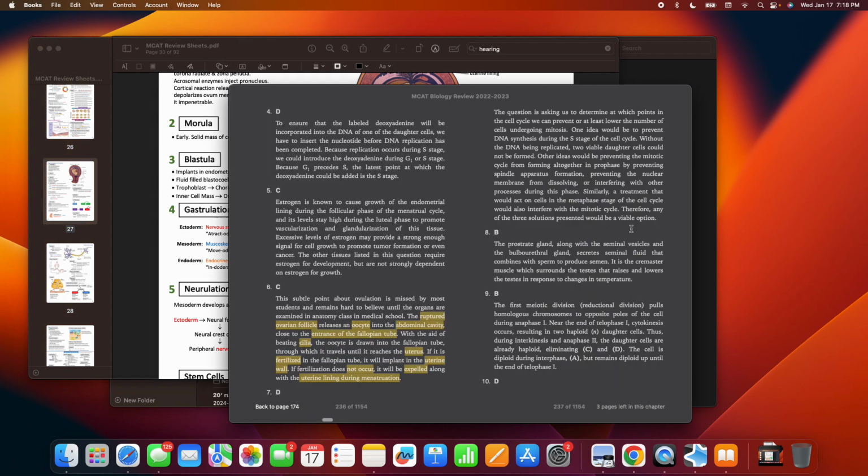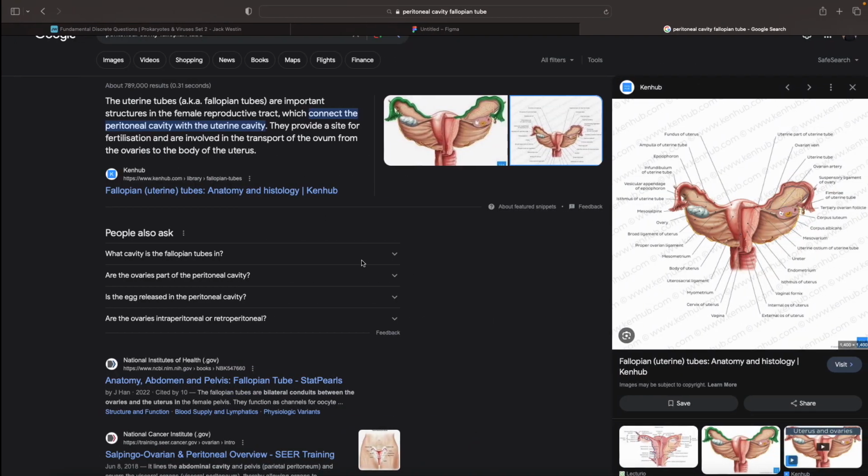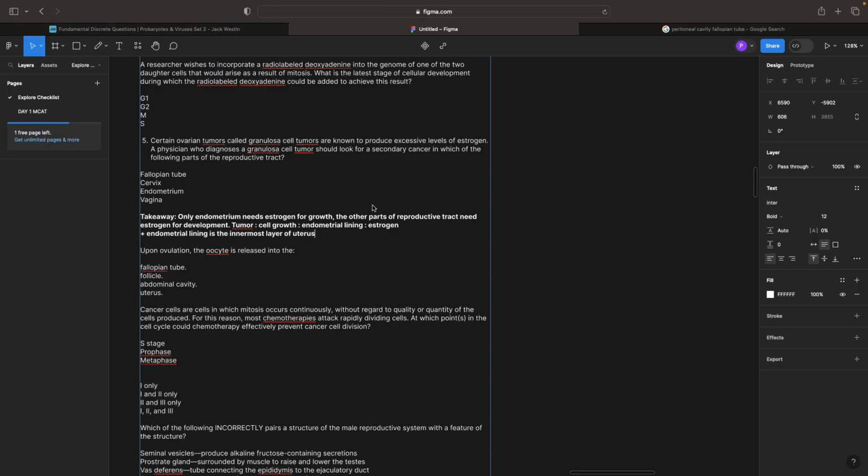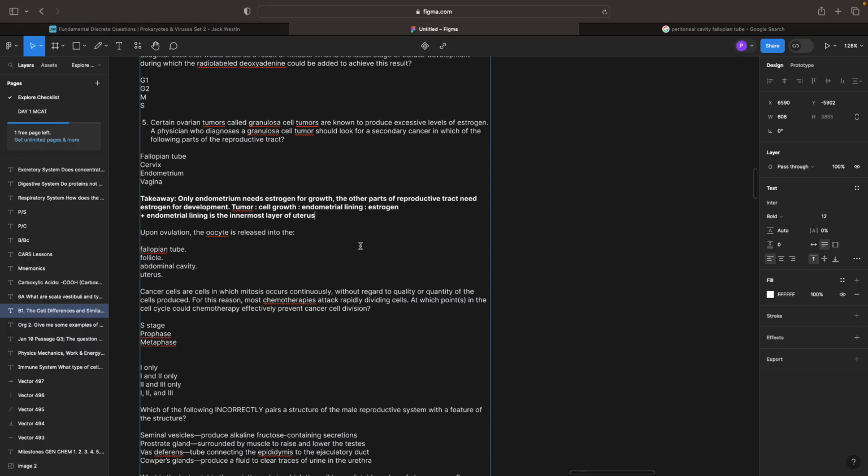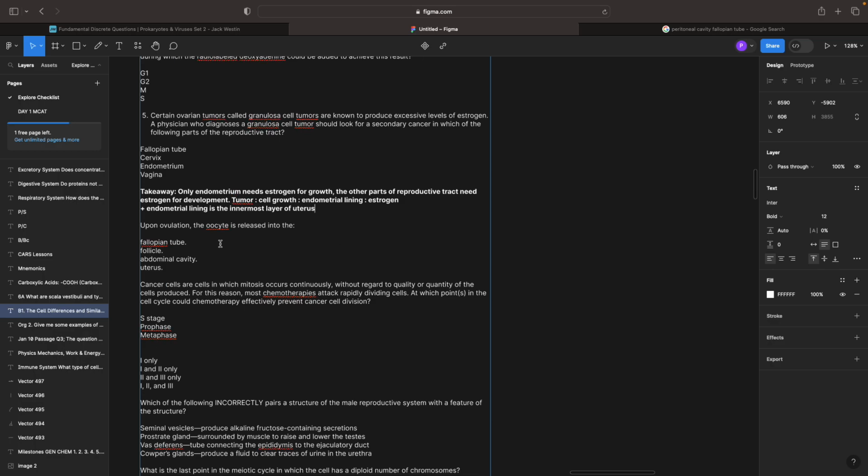Let's continue. We have then question 7. So upon ovulation, the oocyte is released into the abdominal cavity.